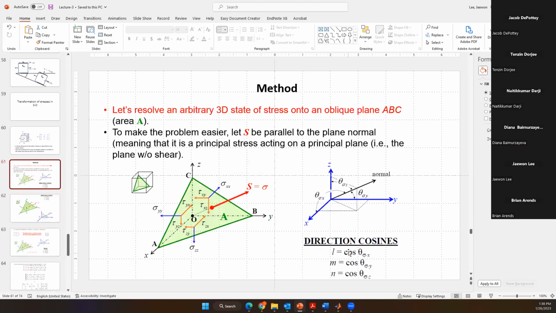So firstly, what is the normal stress vector?